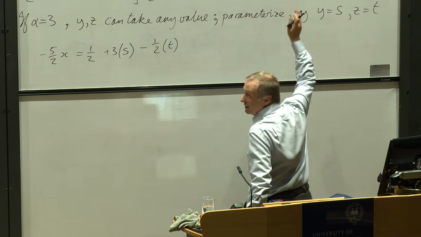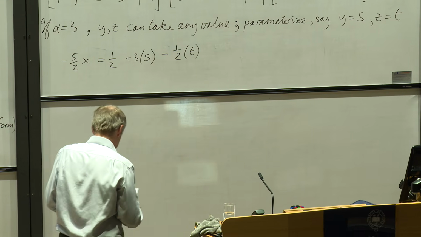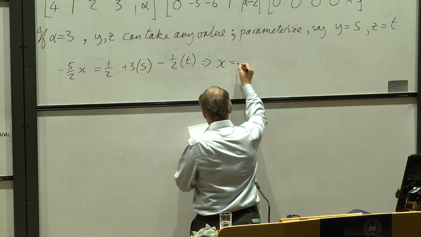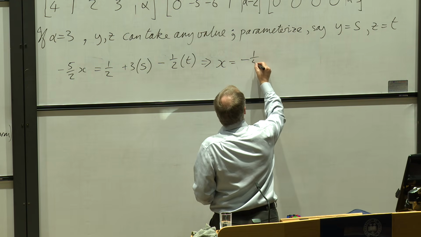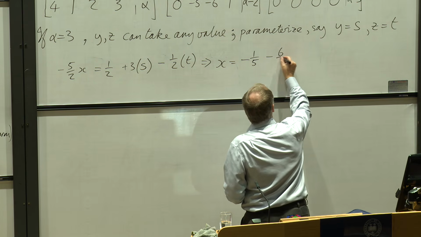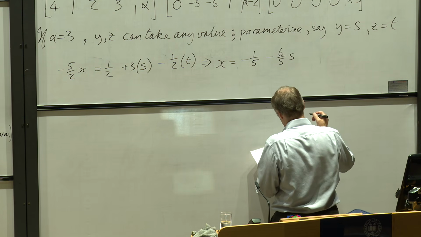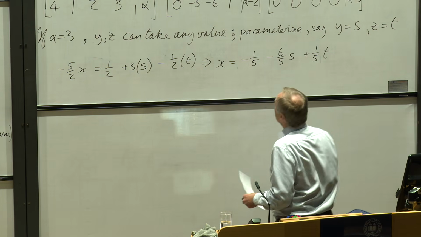I think there's a minus sign here. Right. And so this tells me that x is equal to minus a fifth minus 6 over 5 lots of s plus 1 over 5 lots of t.